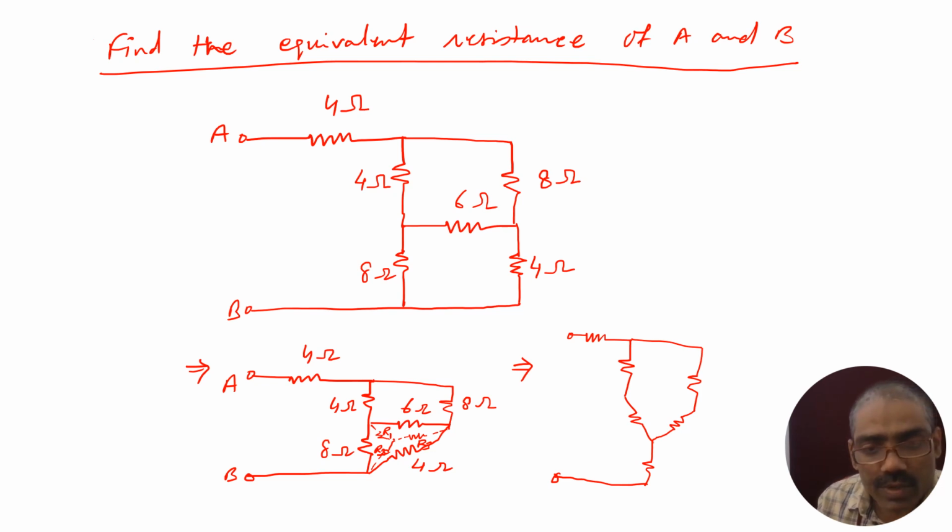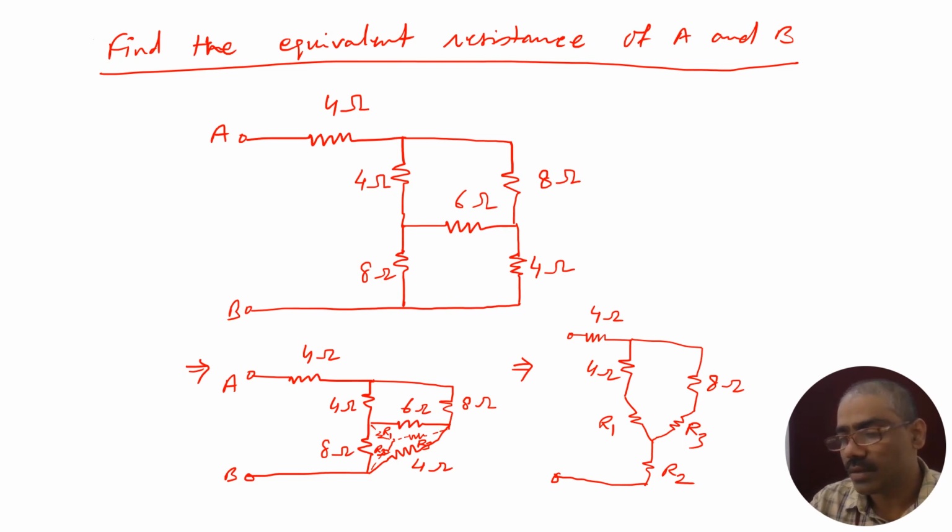So here we have suppose R1, here R3, suppose here R2, and here already we have 4 ohm resistance, 4 ohm resistance, 8 ohm resistance. So now we will have to follow the property through which we can easily calculate the value. That means here we have R1, R2 and R3.